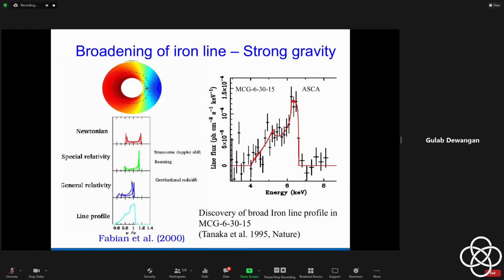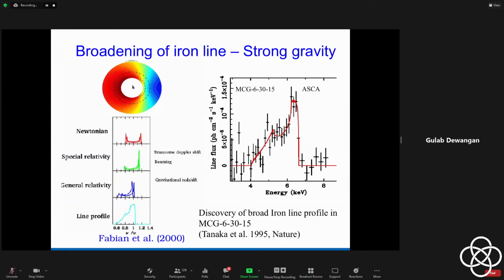Because the speeds are relativistic here, due to the beaming effect, the emission from the right hand side will be enhanced. So the blue wing gets stronger, while the emission from the red wing is beamed away. Therefore the red wing becomes weaker, and this is due to special relativity, due to high speeds only.